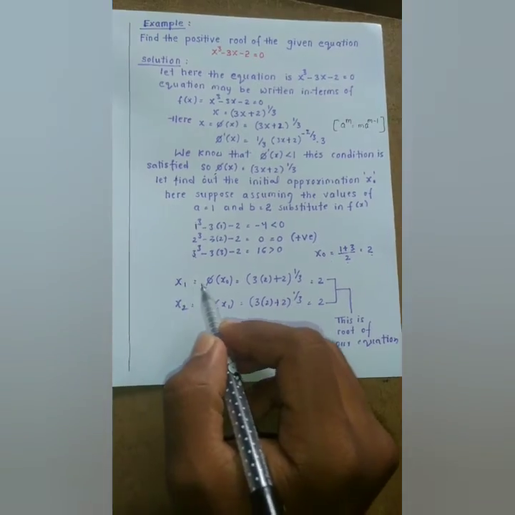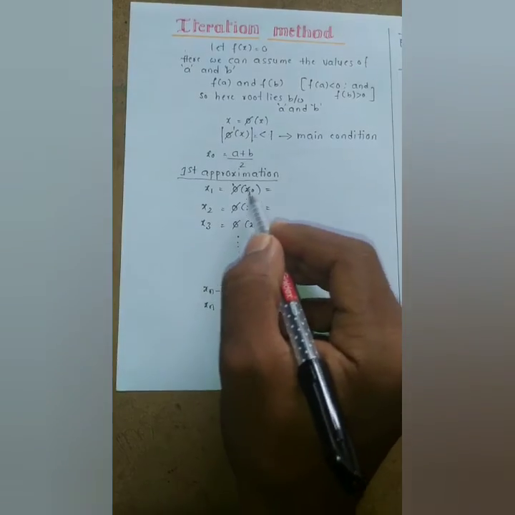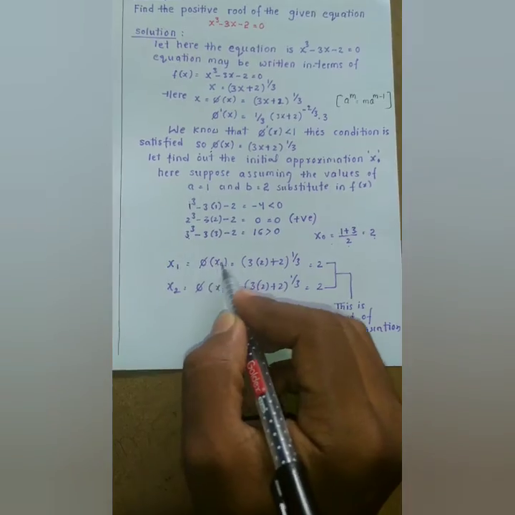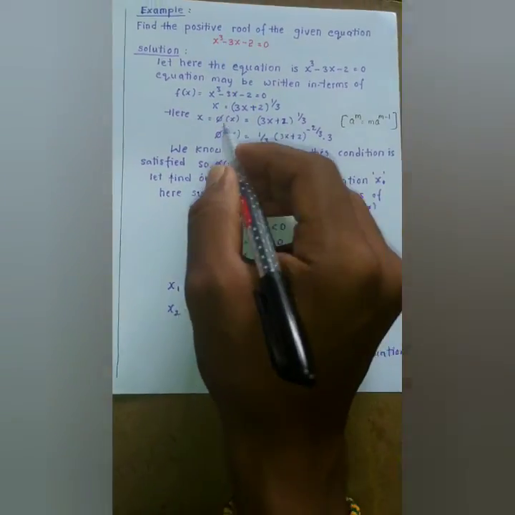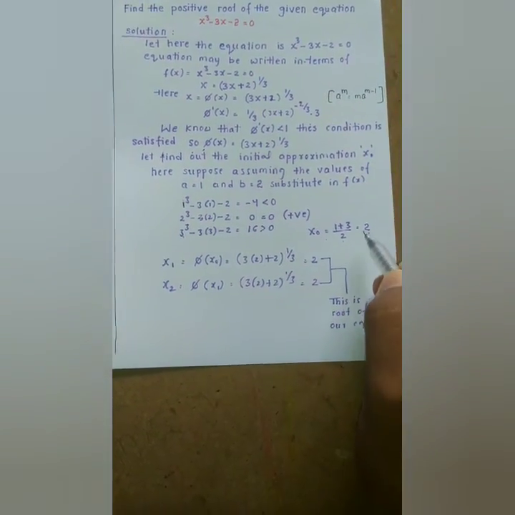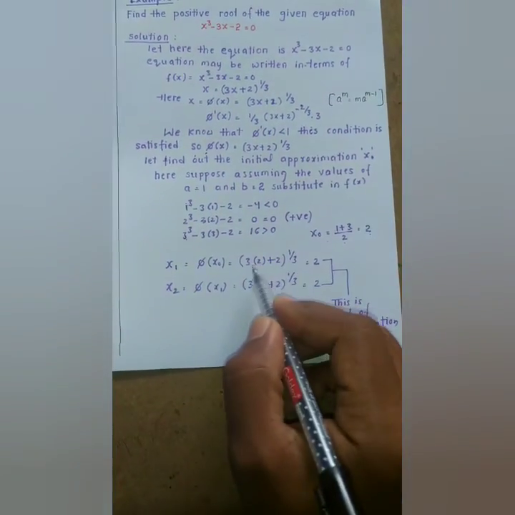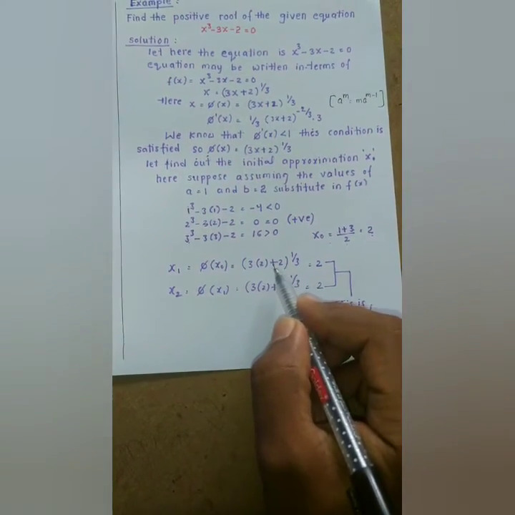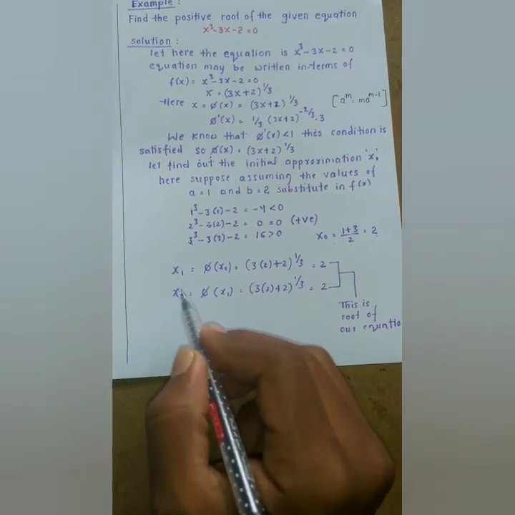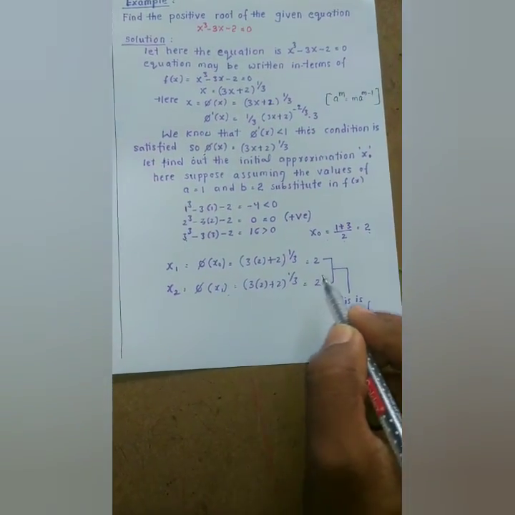We know that the formula for finding the first approximation is x1 is equal to phi of x naught. Here phi of x is equal to (3x + 2) whole power of 1 by 3. Substitute the value of the initial approximation x naught in this equation: (3 into 2 + 2) whole power of 1 by 3 gives the value 2. Substituting the value of x1 again in phi of x, that means phi of x1 gives the value 2.